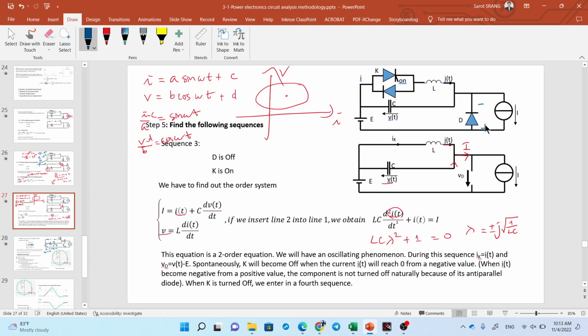I mean that case cannot happen, because if potential here is higher than potential here, current must flow like this, and it must turn on. It cannot turn off. In order to have it turn off, you need to have negative voltage VD.